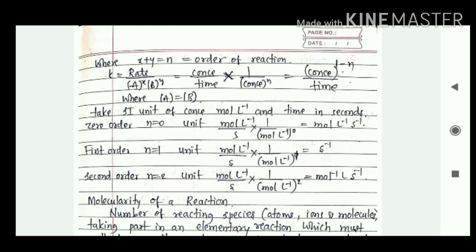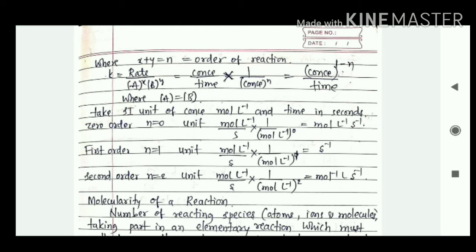Let us find the unit of k for an nth order reaction. k is equal to rate divided by [A]^x [B]^y, that is concentration divided by time into 1 divided by concentration raised to n. In other words, concentration raised to 1 minus n divided by time, where [A] is equal to [B].